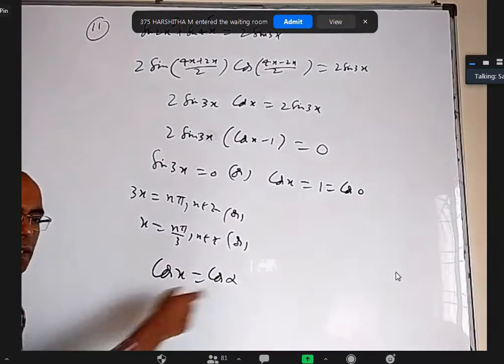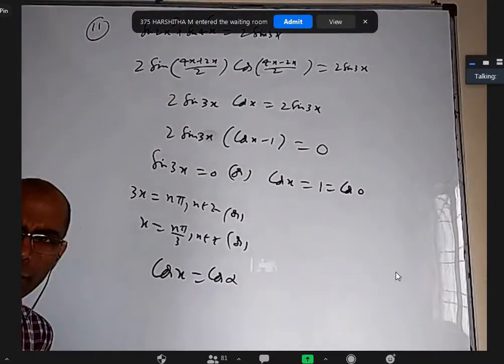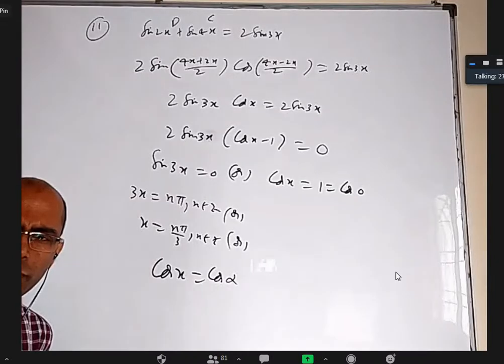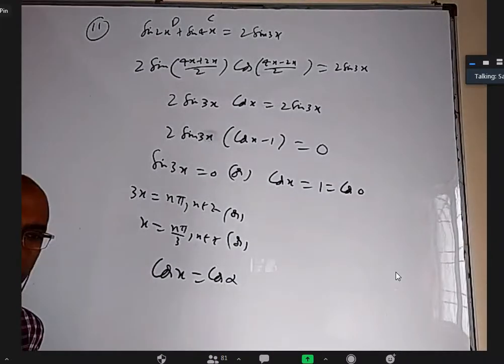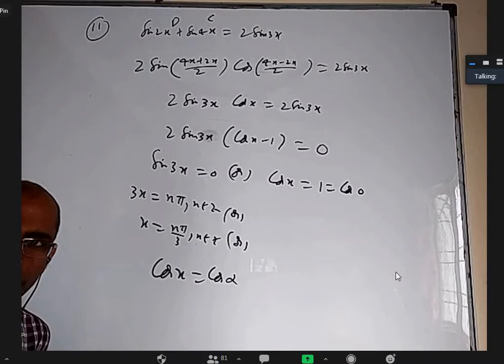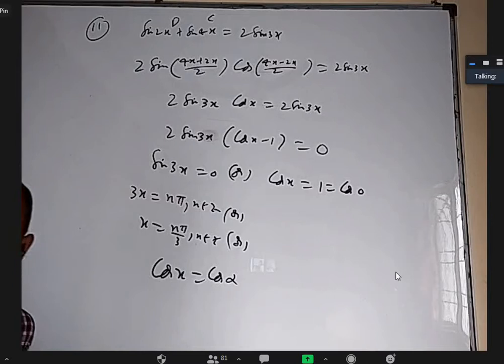Cos x equal to cos alpha, what is the general solution? 2n pi plus alpha. 2n pi plus alpha covers the first quadrant, but cos can be positive even in the fourth quadrant. N pi plus alpha? No, it's only first and fourth. So 2n pi plus or minus alpha. All right. Okay. Yes.